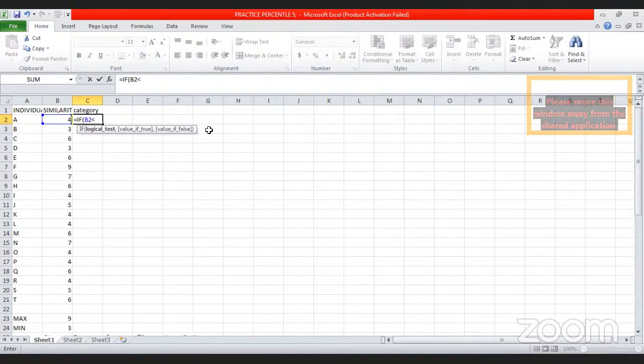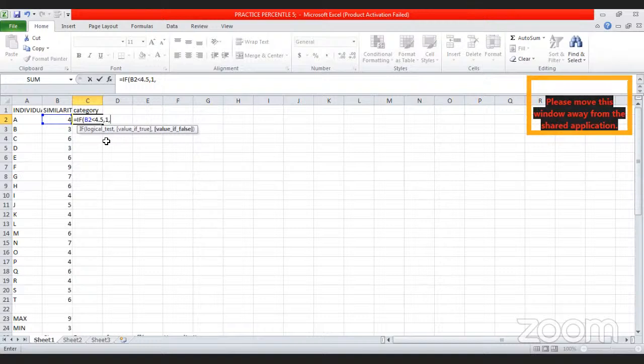So if B2 less than 4.5, comma, put 1. All the scores within 2.5 to 4.5 will be categorized as 1. So this is the formula for that: if B2 less than 4.5, put 1.